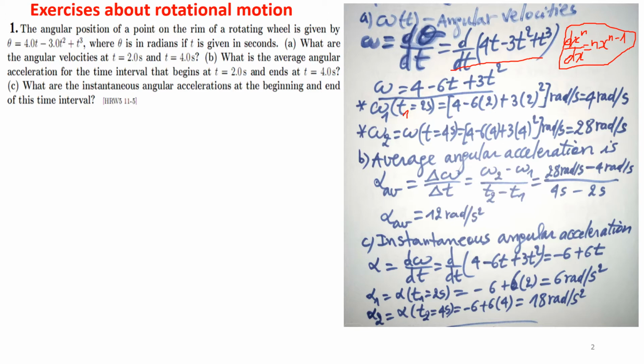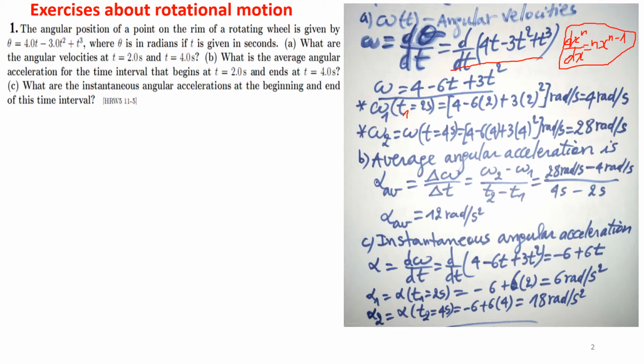In sub-question B, we are asked to determine the average angular acceleration. By definition, the average angular acceleration is denoted by the letter alpha with index AV, which is equal to the change in angular velocity over the time interval.